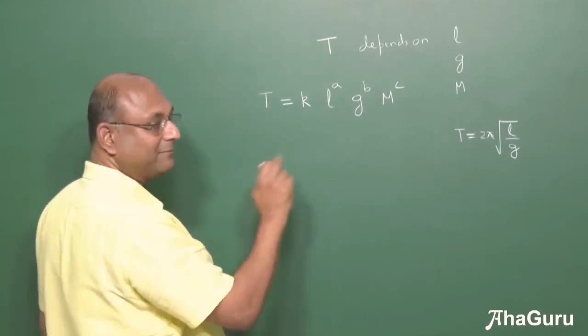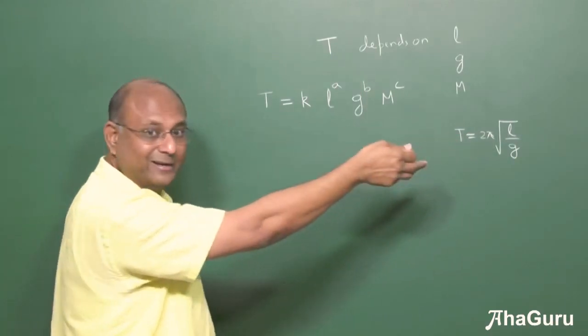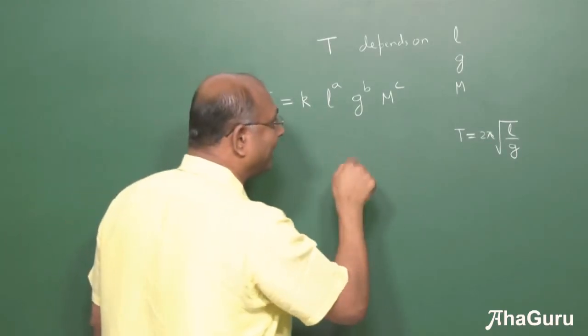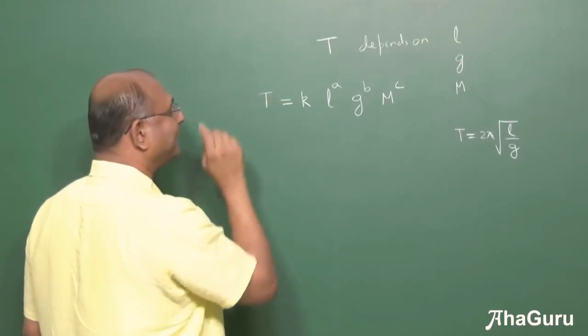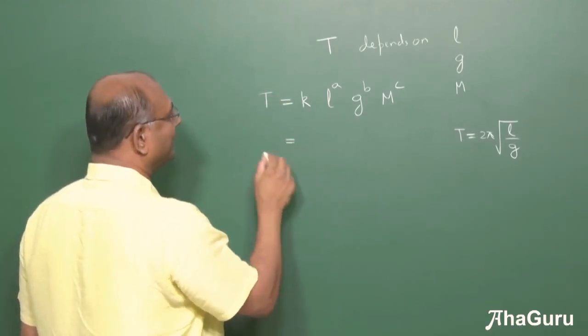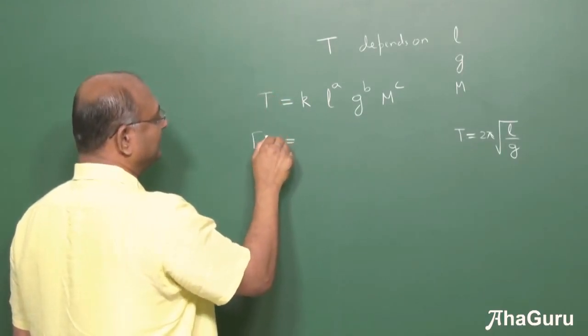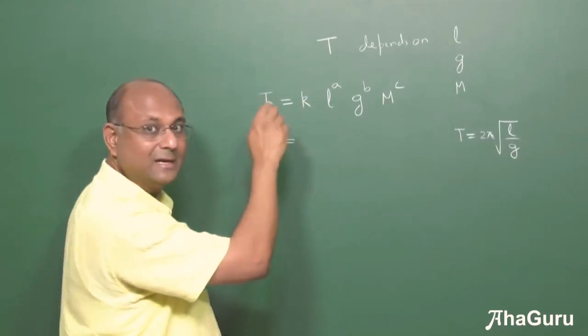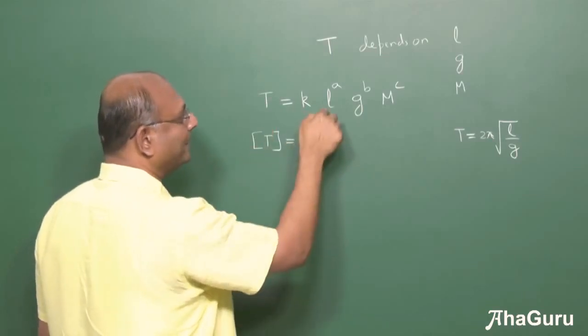Let us first find that. I'm telling you the answer up front because most people already know the answer. What I'm going to ask you to do now is to derive it carefully step by step. Let us do that. Dimensions of time is of course T. Dimension of K we are going to ignore. We'll assume K is a dimensionless constant. Okay.